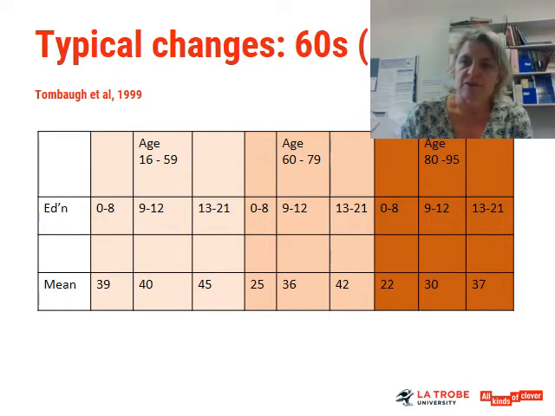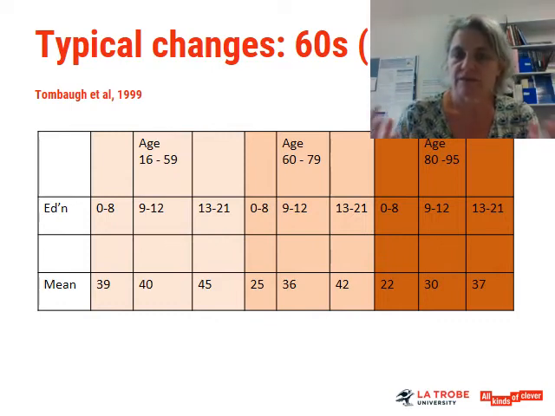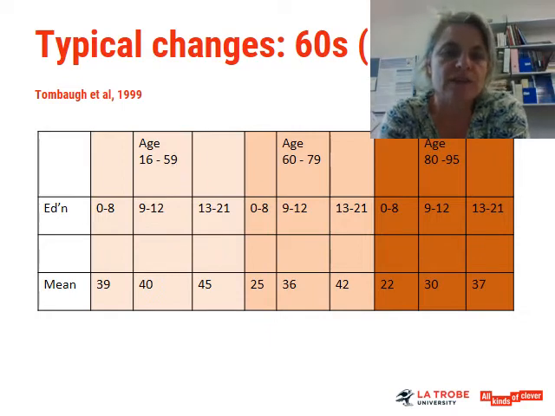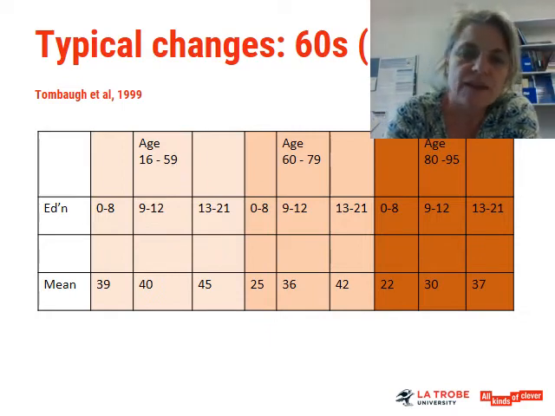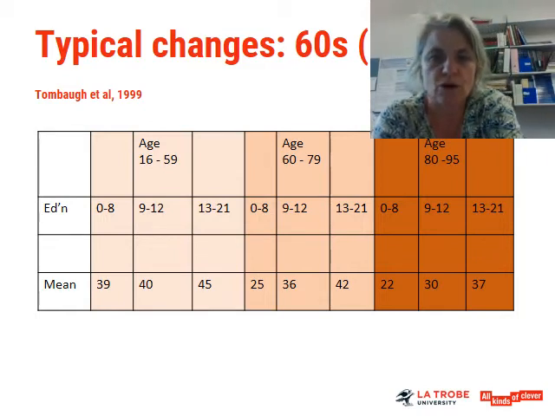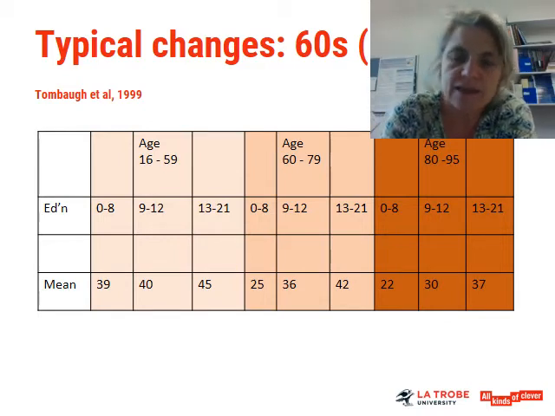And then they added up the number of words that start with F, A and S to get a total number of words recalled in that time. Okay, so that's the task. How did people go? This is a study that was done in 1999 with a group of typically healthy adults from 16 years of age and onwards.